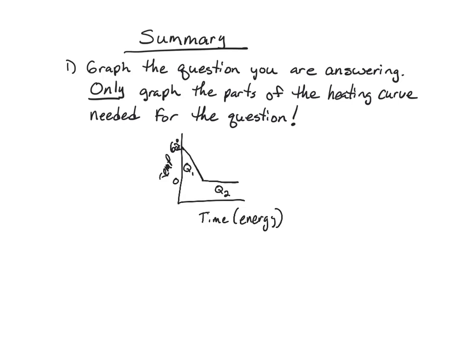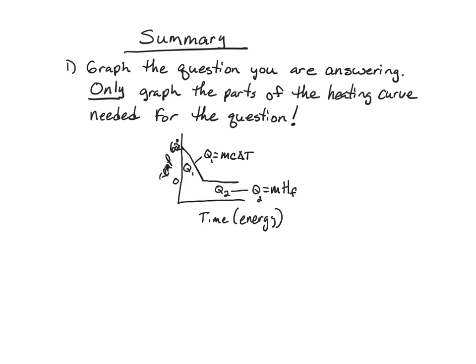So for this first part of the graph, I've got a temperature change, so I'm going to use the formula Q equals mc delta T. For this next part, I don't have a temperature change, so I'm going to need Q equals M. In this case, it's freezing, so I'm going to need the H of fusion. Those two will be Q1 and Q2.